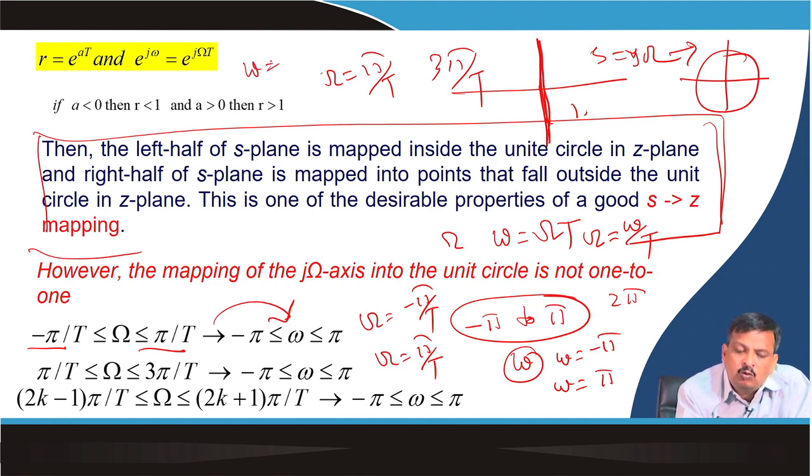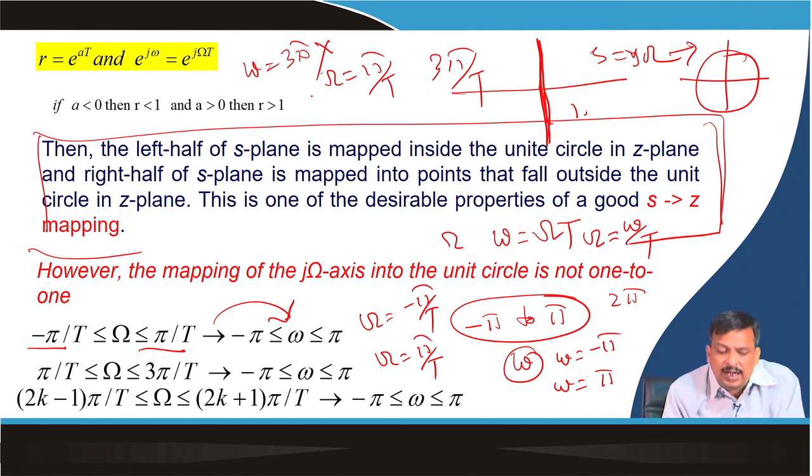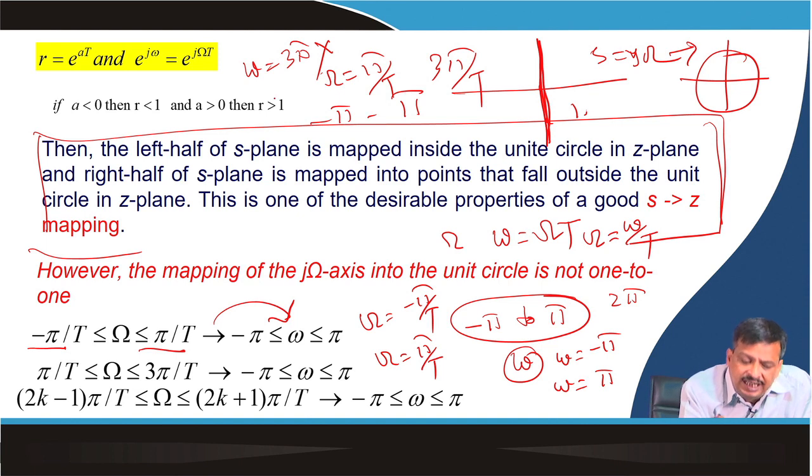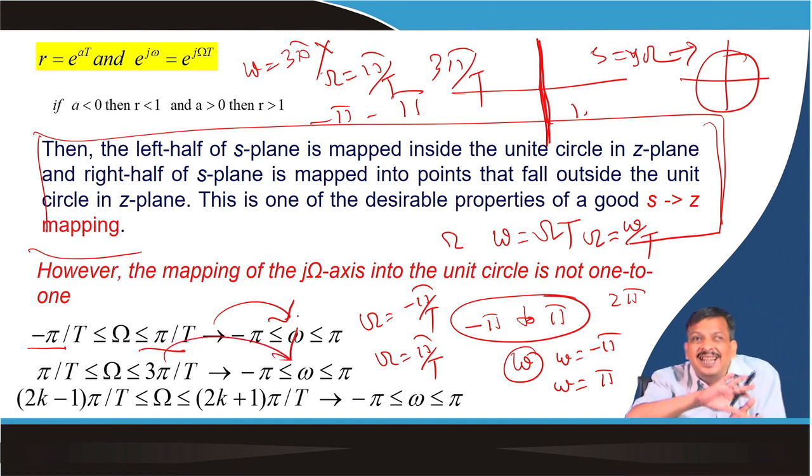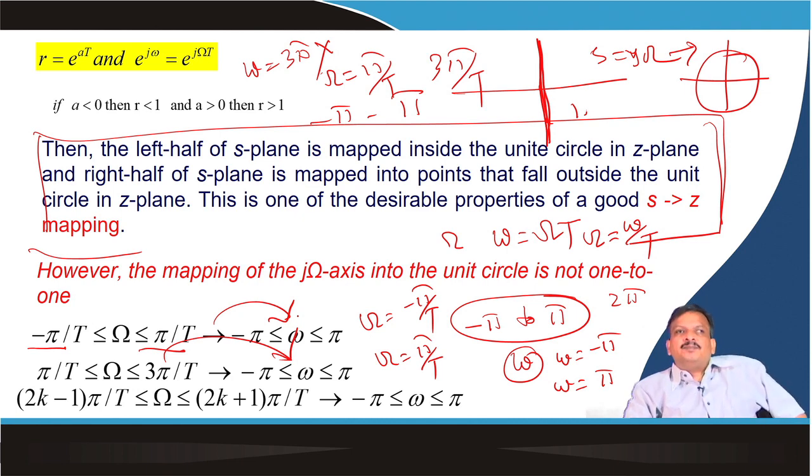It is equal to 3 pi, but 3 pi cannot be, because omega varies from minus pi to pi only. So, this also is mapped to the same values. So, there is a many to one mapping. Is it clear? So, there is a many to one mapping.